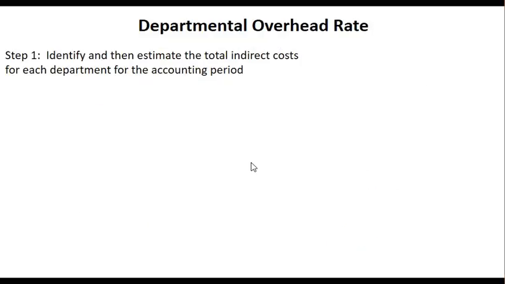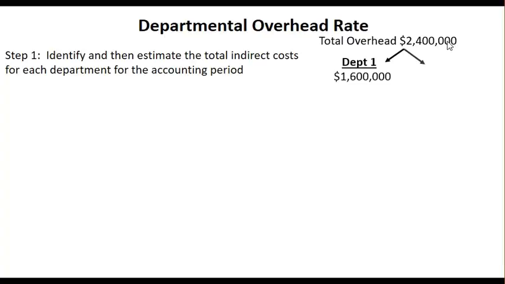Now let's go ahead and see a simple example of how we allocate a departmental overhead rate. In step one, we want to identify and estimate the total indirect costs for each department for the accounting period. Now in this case, the company has total overhead of $2,400,000, and $1,600,000 is located in Department 1 in that cost pool, and $800,000 is accumulated in the Department 2 cost pool.